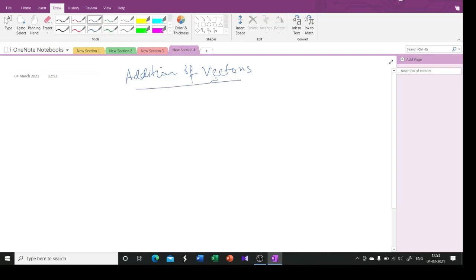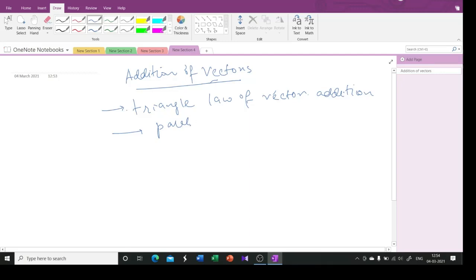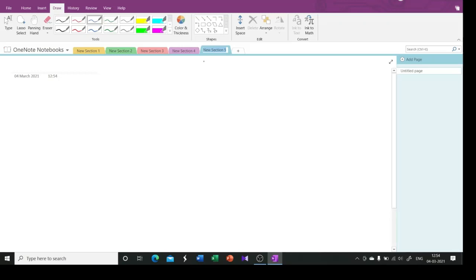The first one is the triangle law, and the second one is the parallelogram law of vector addition. So let's first come to the triangle law.